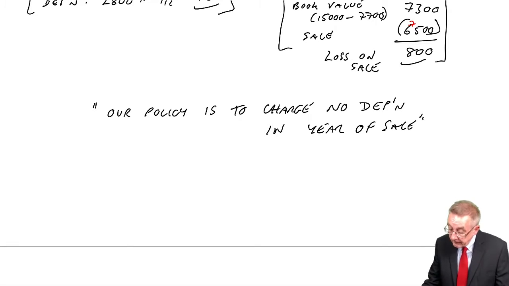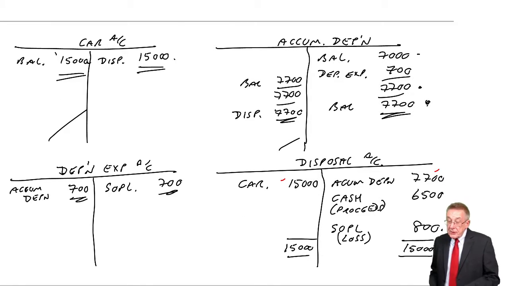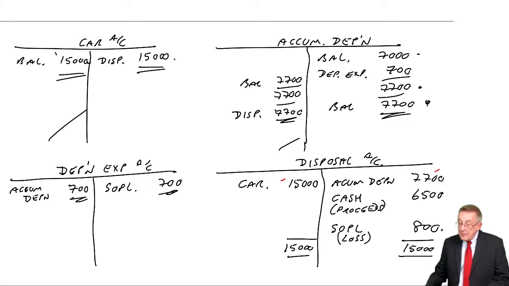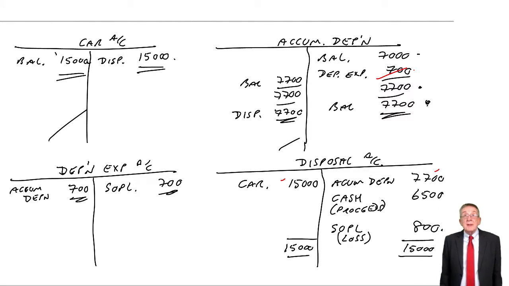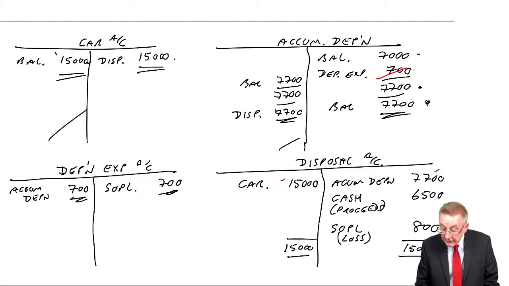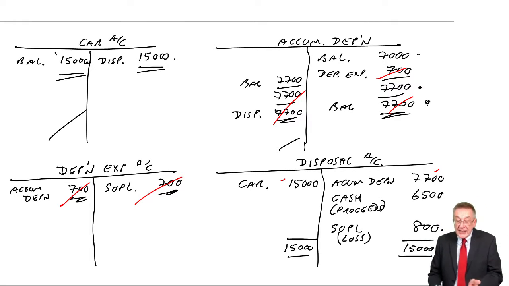So what would happen? First of all, there wouldn't be that 700. If there's no depreciation in the year of sale, the fact we had it 3 months is irrelevant. We don't have that 700. And so there's no expense there in the statement of profit or loss. What happens when we come to dispose?